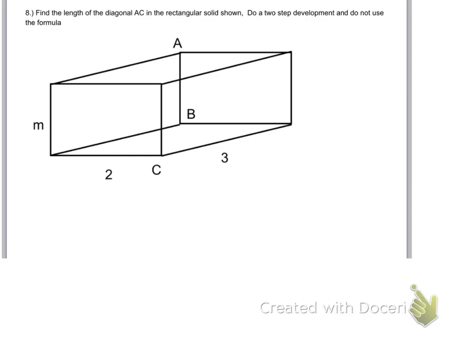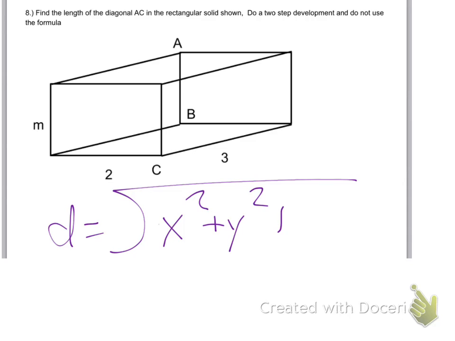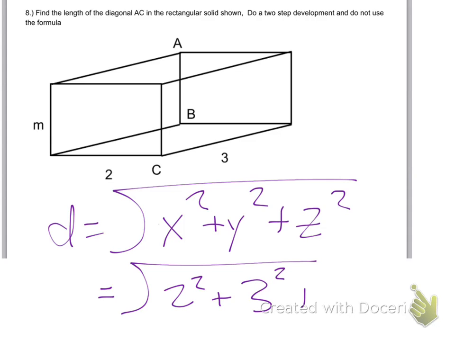So using the fact that I could take the sides, square them, add them, and take the square root, please tell me the distance across this box that has side lengths of m, 2, and 3. The formula says D should equal the square root of x squared plus y squared plus z squared, which is the square root of 2 squared plus 3 squared plus m squared.